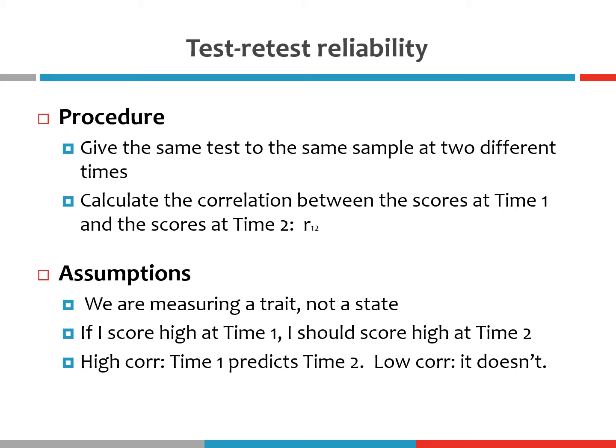So another word for trait is that it's a fixed construct, okay? When we're dealing with traits or fixed constructs, we're talking about things like personality inventories, so extroversion, introversion. We're talking about intelligence, right?